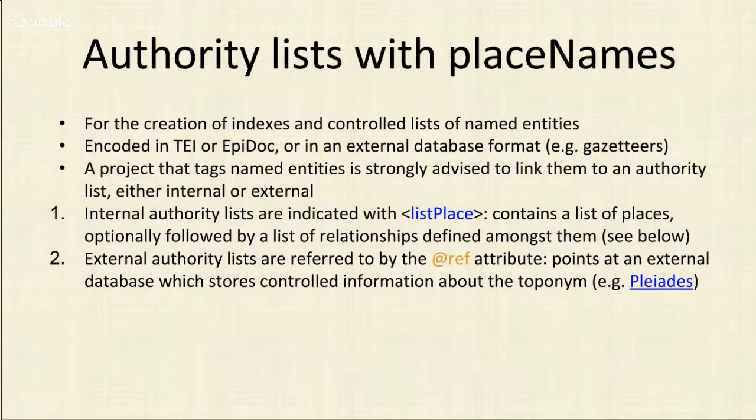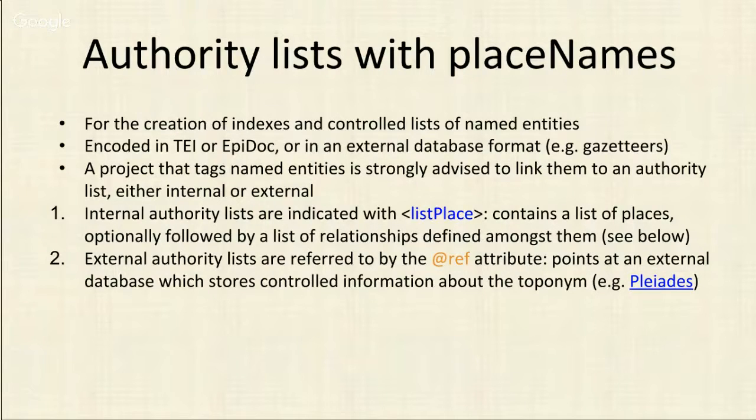And for classical sources, Greco-Roman sources in particular, we have Pleiades, which is an external authority list, obviously. You can refer to external authority lists by the attribute called ref, which points to an external reference in the form of a URI, in this case in Pleiades.